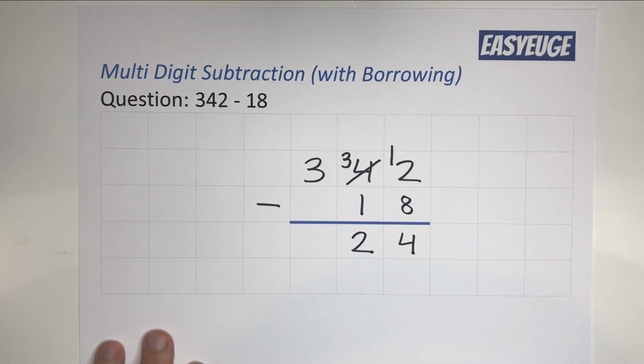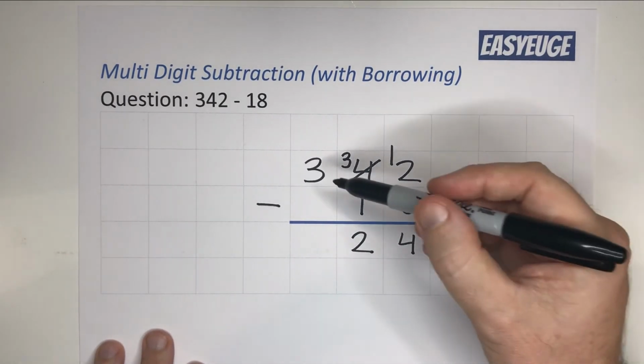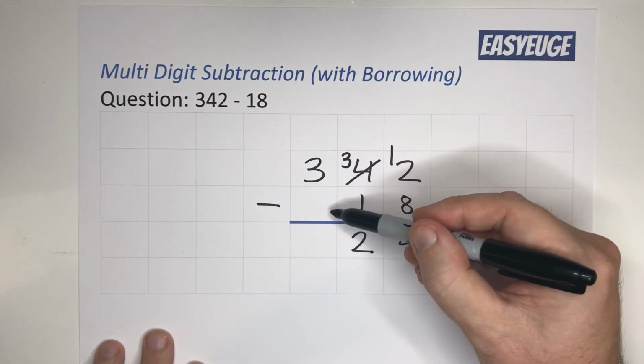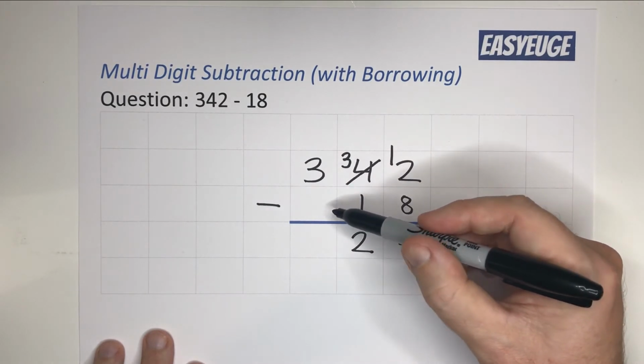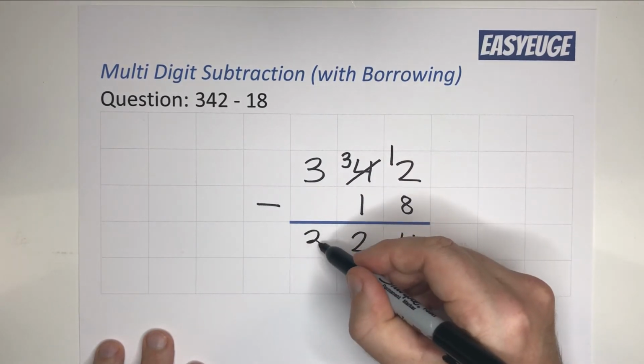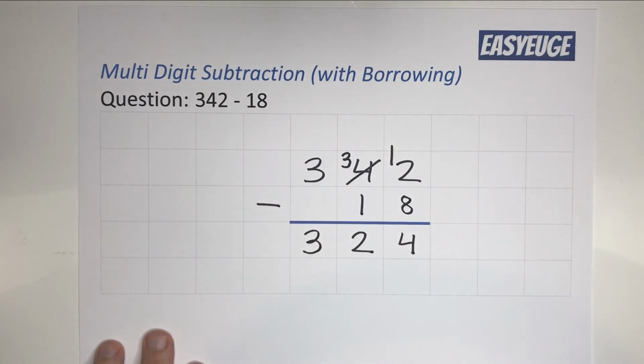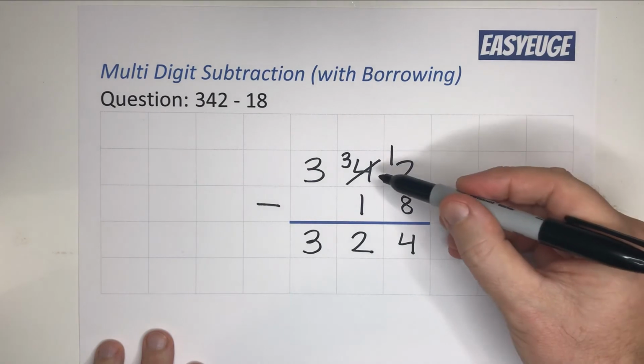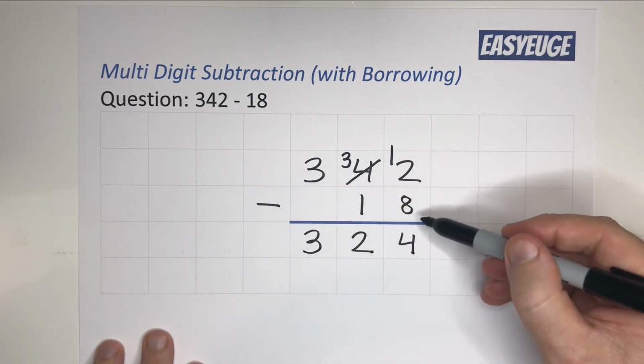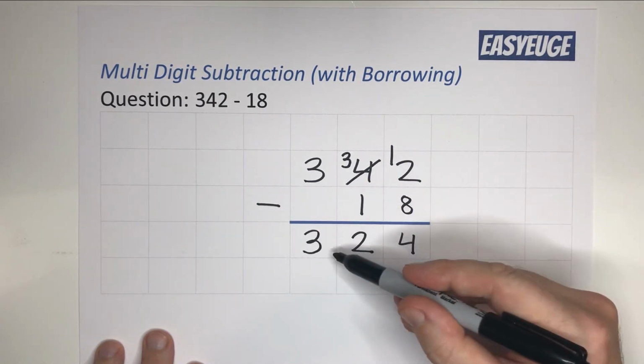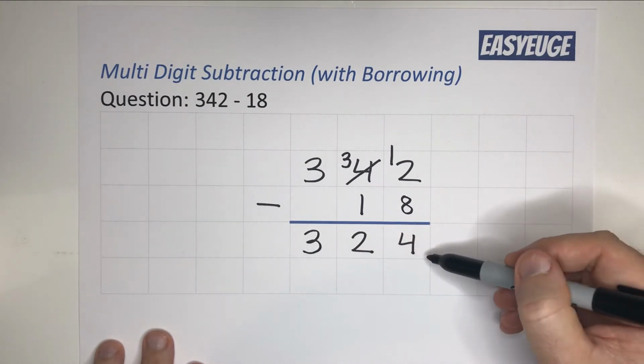A blank is the same as a 0. So 3 take away nothing, or 0, is 3. It doesn't actually change. So the answer to the question, 342 take away 18, is 324.